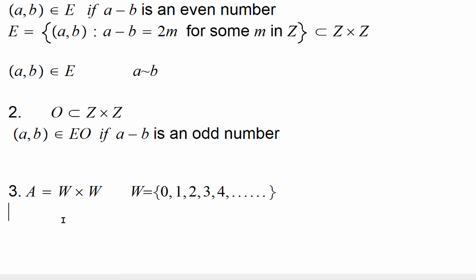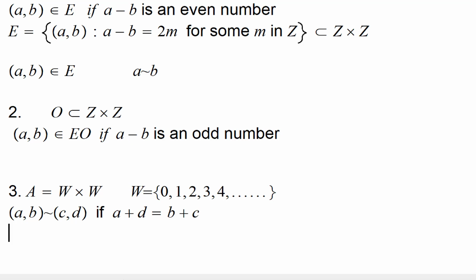Say we have (A, B) in A, where A and B, both of them, are whole numbers. I'm not writing "in A" because that's understood. It's in W cross W. So (A, B) is related to (C, D), and let's put a condition for that: A plus D equals B plus C.